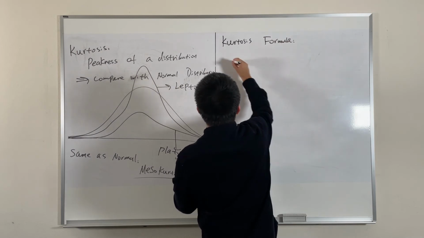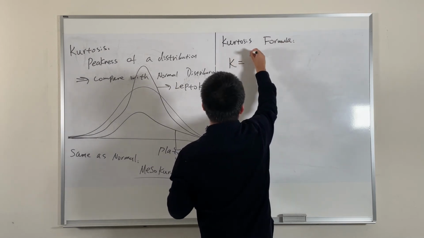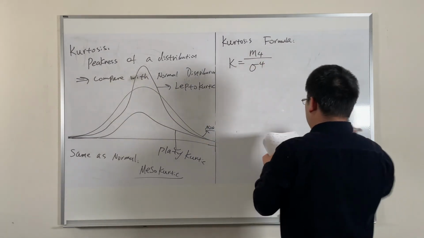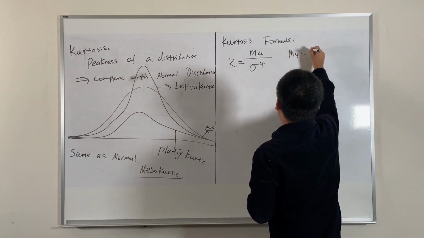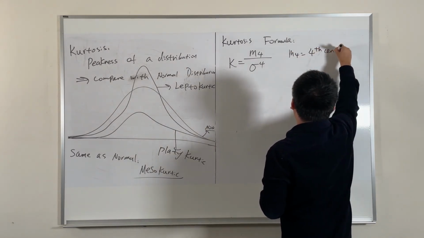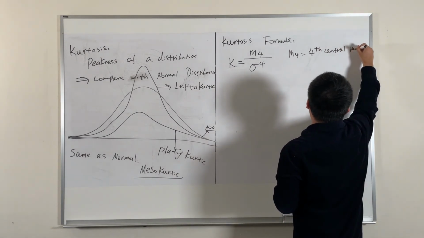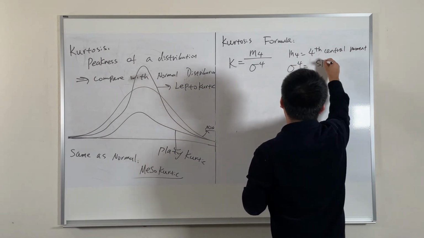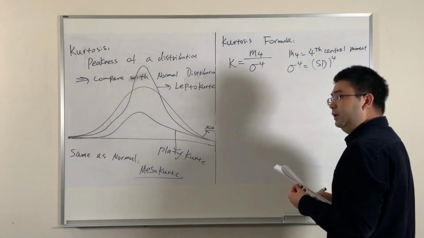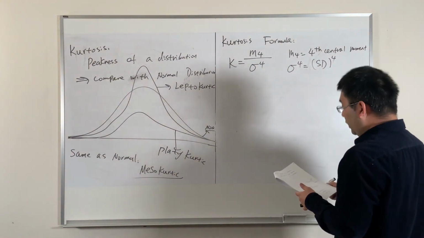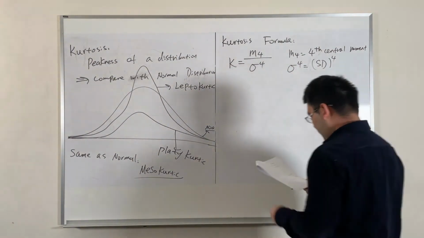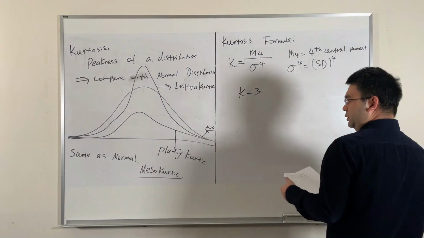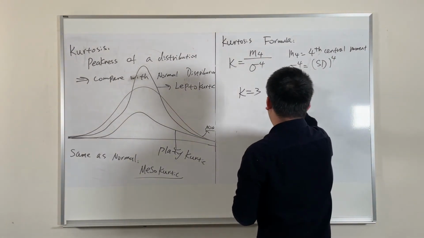Let me denote it with K. Kurtosis equals M4, subscript 4, over sigma to the fourth power. M4 is our fourth central moment, and sigma to the fourth power is the standard deviation to the fourth power. The way you decide is by looking at the value of K. If K exactly equals 3, that's our normal distribution, so that's mesokurtic.